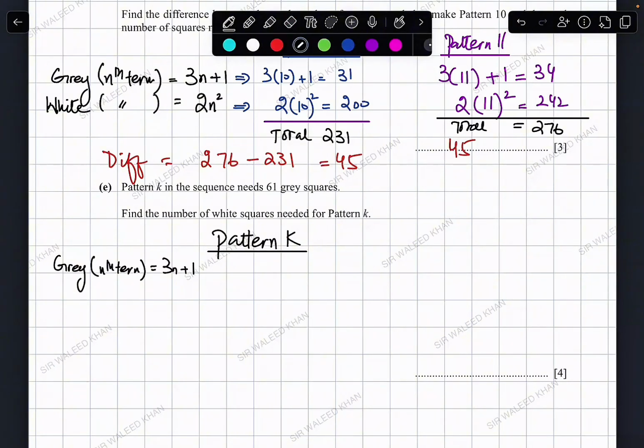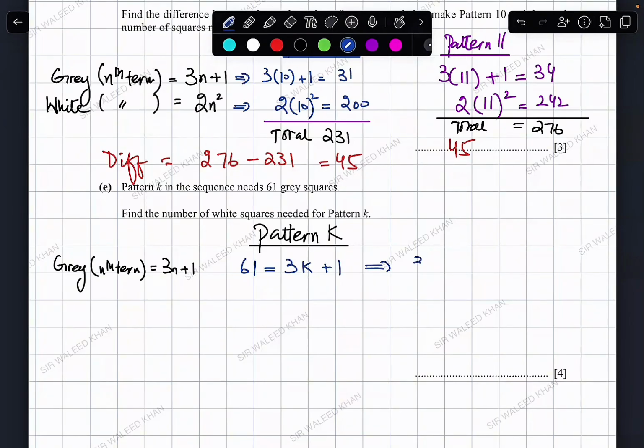They have just mentioned the number of gray squares. So 61 is equal to 3k plus 1. I can find the value of k using this information.